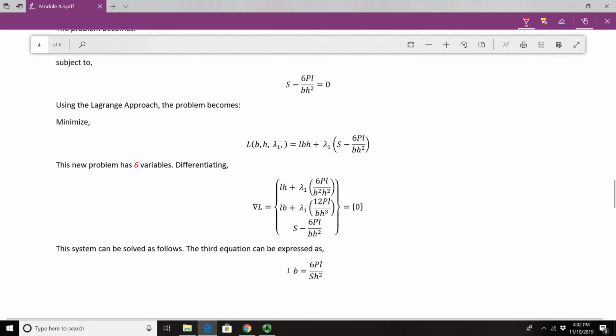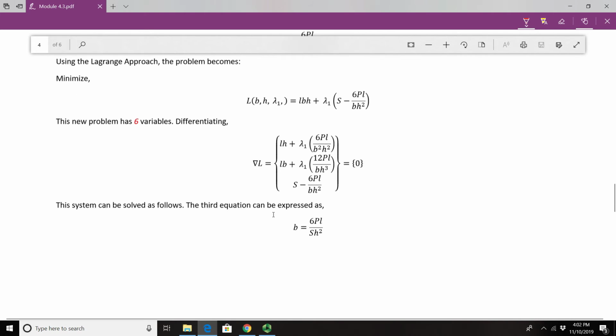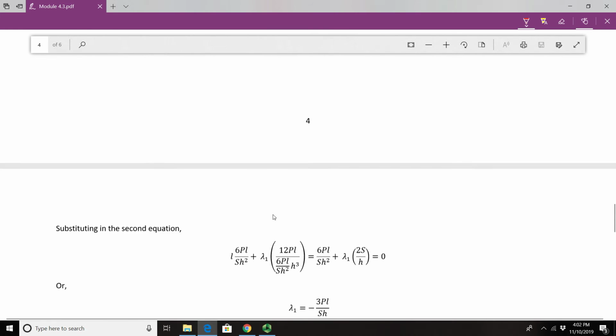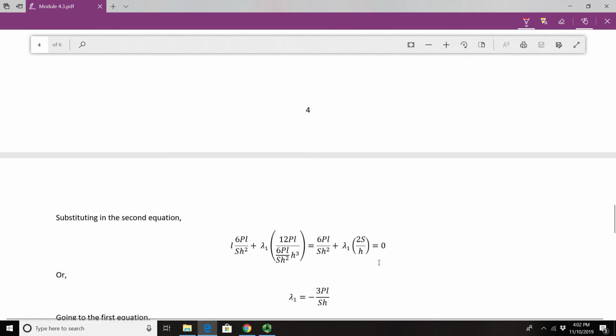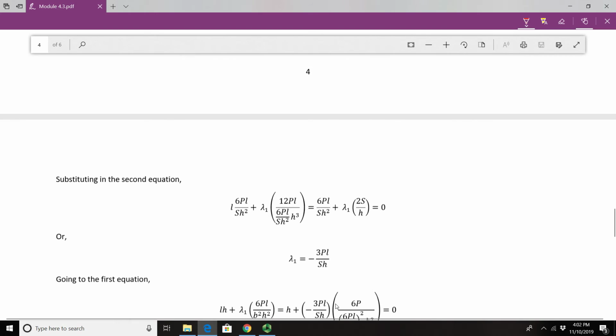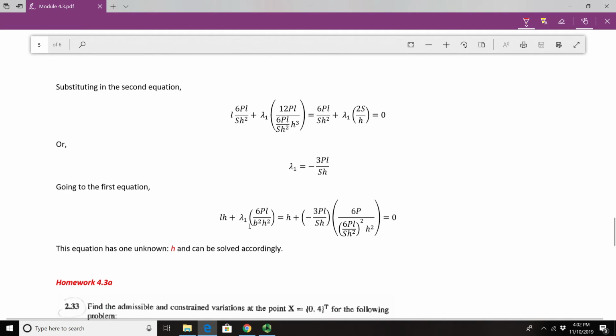And I will go to the third equation. I will expect b to be equal to this. I will go back to the second equation and substitute in. So I can now have lambda 1 expressed. Go to the first equation with lambda 1.